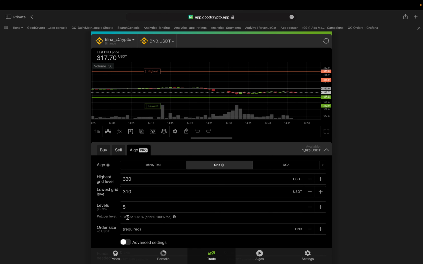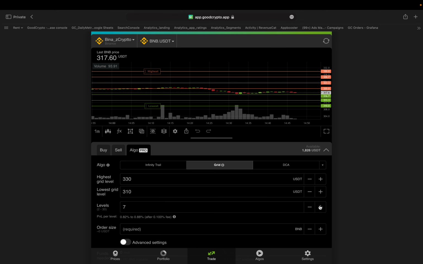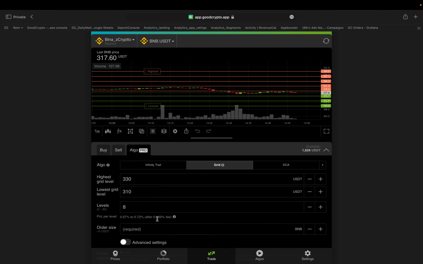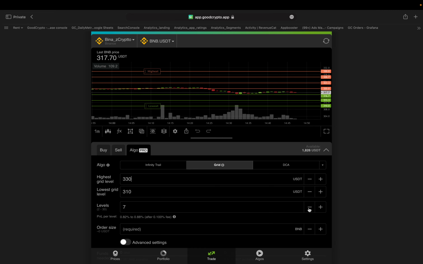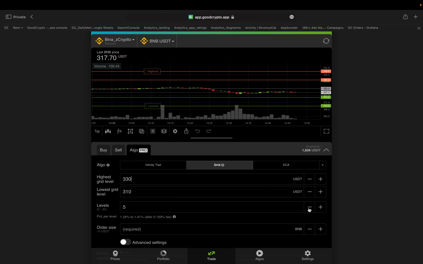So that's the trade-off. That's one of the major trade-offs of the grid. The first one is where to put the highest and the lowest grid level, and this is the trade-off of how many grids to have. It denotes whether you want your grid to trade more frequently but make less with each trade, or you want your grid to trade less frequently but make more for each trade. There is no right or wrong answer to that question.